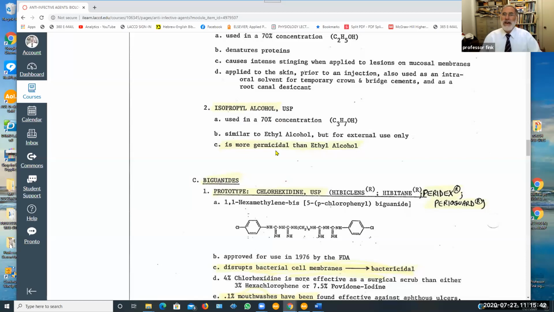A little bit more effective, more germicidal, more bactericidal than ethyl alcohol is isopropyl alcohol, rubbing alcohol. The 70% concentration is in many ways more effective than the stronger 90% concentration of rubbing alcohol. But anyhow, they are used as antiseptics and disinfectants.